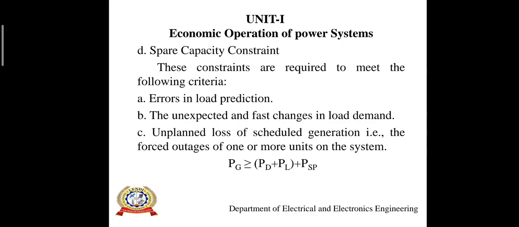And second one, the unexpected and fast changes in load demand. If there is any chance of an unexpected change in load, or any deviation in the load, we have to calculate that in time.